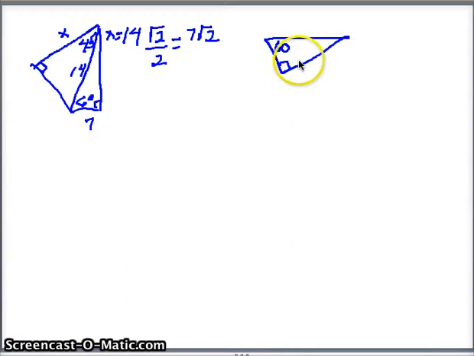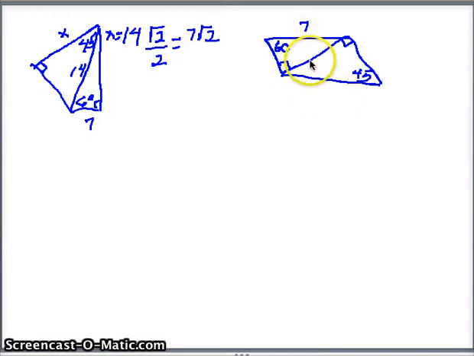Now I've got a 45 sitting here, which I go out a ways, and then I come down here. This is a 45, and this angle here is a right angle. And I have a known of 7 over here.